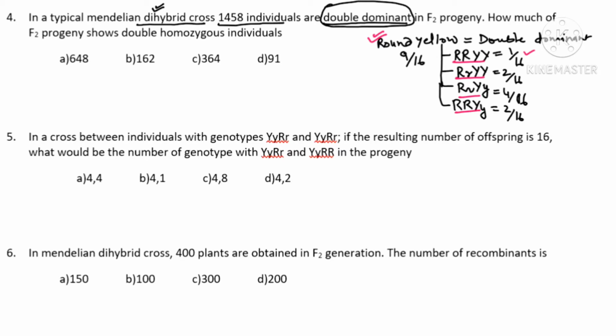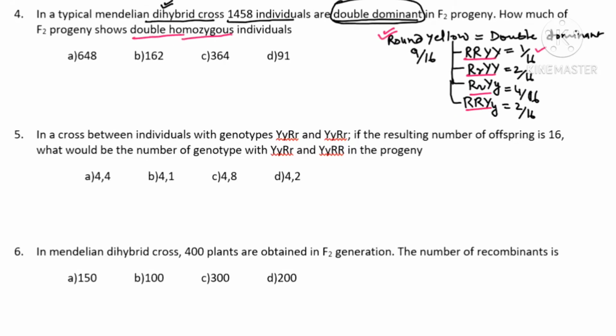Now we have to see the question: how many will show double homozygous individuals? Double homozygous individuals will be only 1 out of 16. So now let us solve it. Only 1 out of 16 is showing. So out of 1458, how many will show? So 1 by 16 into 1458.